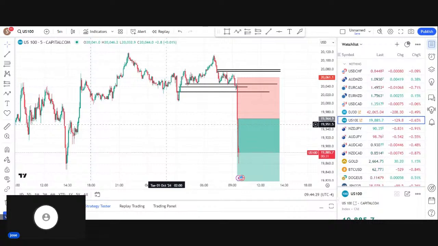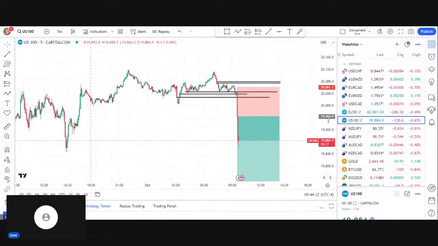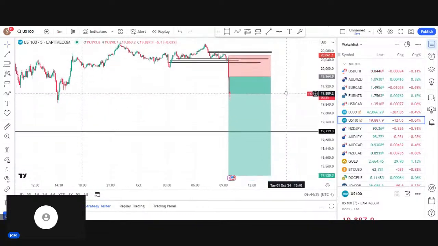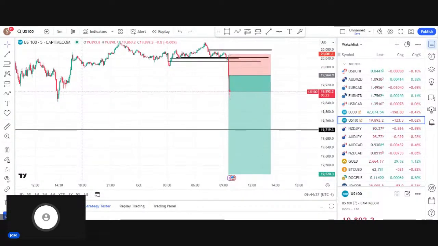Yes, let's do this, man. US 100. As I've said before, remember this entry criteria is the same entry criteria that we use. It's just that we have added layers to cut out as many bad trades as possible.